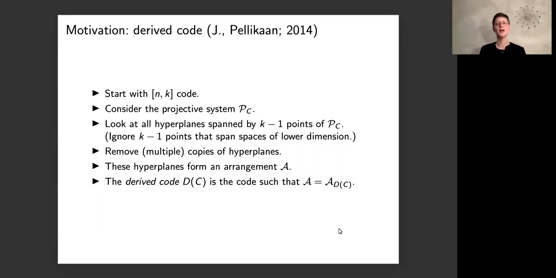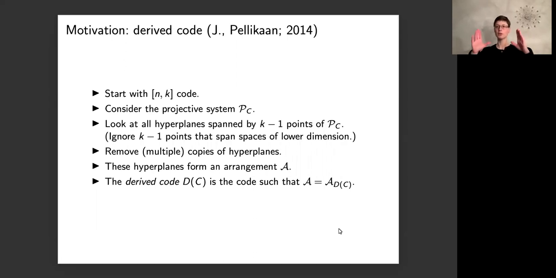So a code is basically a representation of a representable Matroid, only coding theorists like to look at the rows of the matrix instead of the columns, as Matroid theorists do. Well, for coding theory, sometimes you also do that because we're considering the projective system associated to this code.